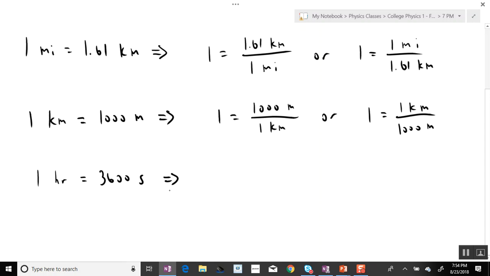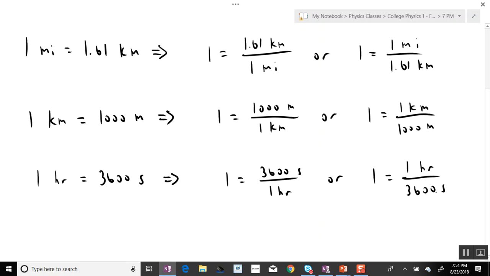So if I divide both sides by an hour, I get 1. So the number 1, once again, is equal to 3,600 seconds divided by an hour, or you can do the inverse of both of these. So that's another version of 1.